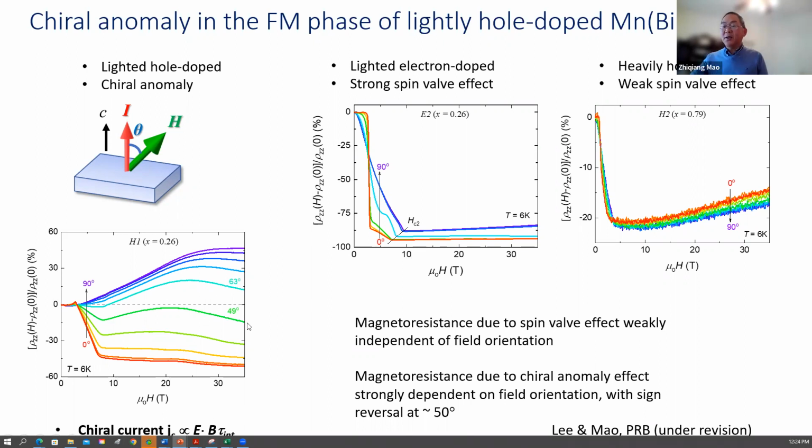So we indeed observe such angular dependence. The magnetoresistance changes from negative to positive. It becomes positive above 50 degrees. However, for those samples showing the spin valve effect, you can see above HC2 they show very weak field dependence. So this gives us strong evidence for the chiral anomaly effect.